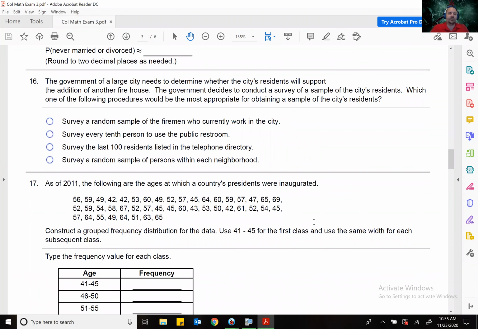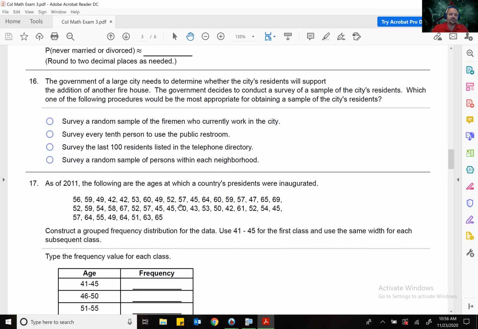So 16. It says the government of a large city needs to determine whether the city's residents will support the addition of another firehouse. The government decides to conduct a survey of a sample of the city's residents. Which one of the following procedures would be the most appropriate for obtaining a sample of the city's residents?